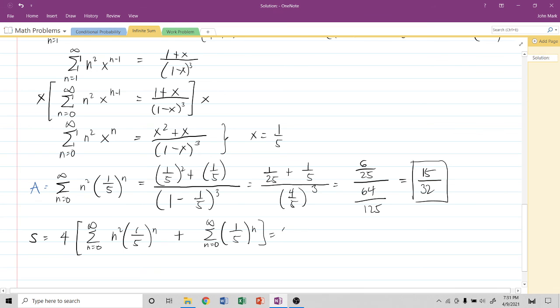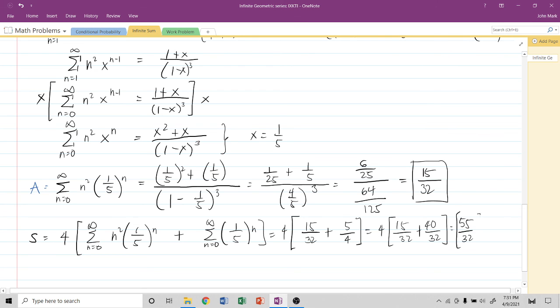Now this is simply 4 times 15 over 32 plus 5 over 4. Now, evaluating, we have 4 times 15 over 32 plus 40 over 32. So this is 55 over 32 times 4. Now we can cancel out the 4. So we will have S equals 55 over 8.